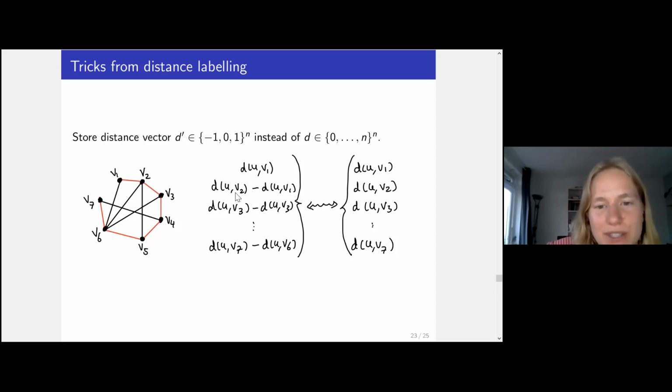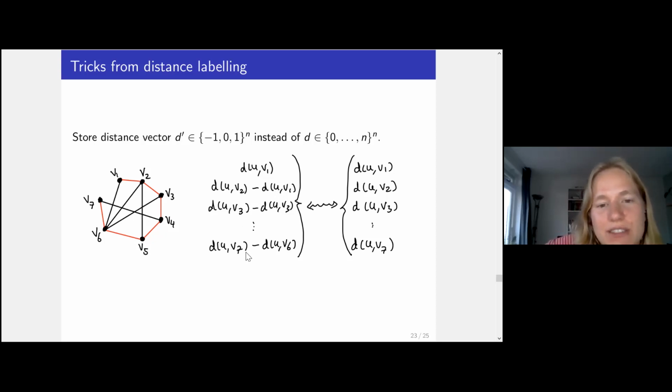And why is this good? Well, if I now record the distance from U to V2 minus the distance from U to V1, then my distance to V1 is going to be at most my distance to V2 plus 1. And my distance to V2 is also going to be at most my distance to V1 plus 1. So this difference is going to lie in -1, 0, or 1.